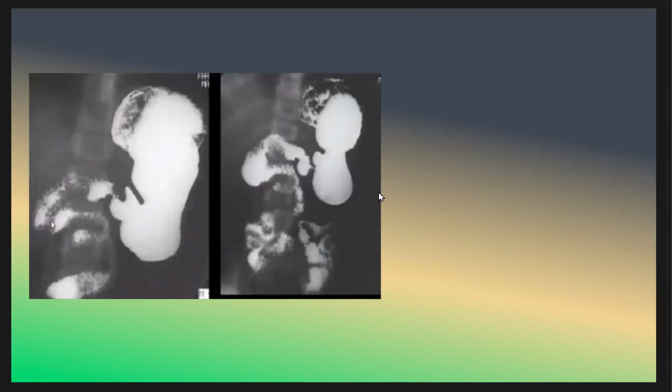What do you think the patient has with vomiting? And as we see here, this is a barium study.